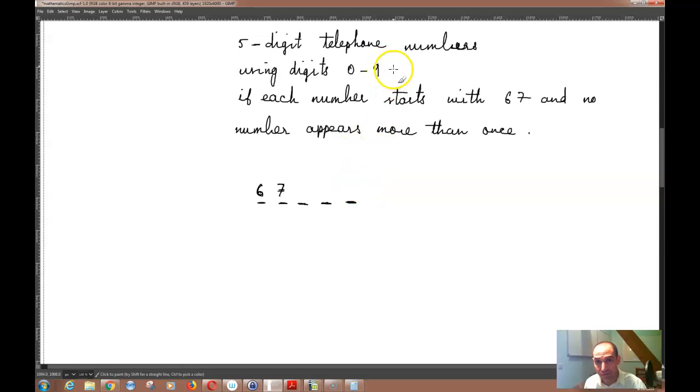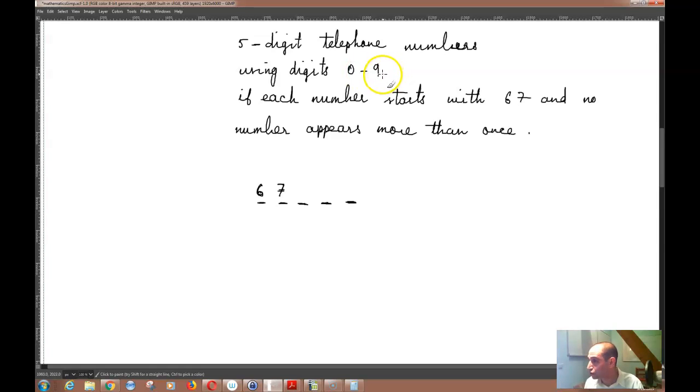Since no number can be repeated more than once, I'm not supposed to use either a 6 or 7 anywhere here, right? Because 6 and 7 have already been used in the number.